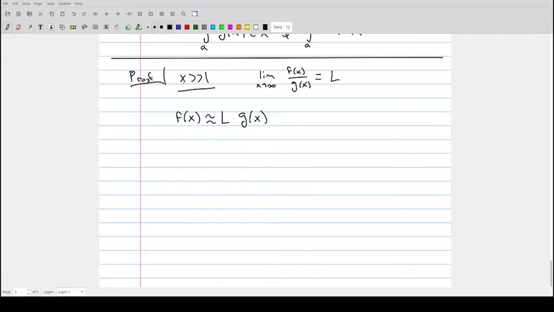Which means that for very, very large values of, say, b, the improper integral from b to infinity of f of x dx is approximately equal to the improper integral from b to infinity of L times g of x.